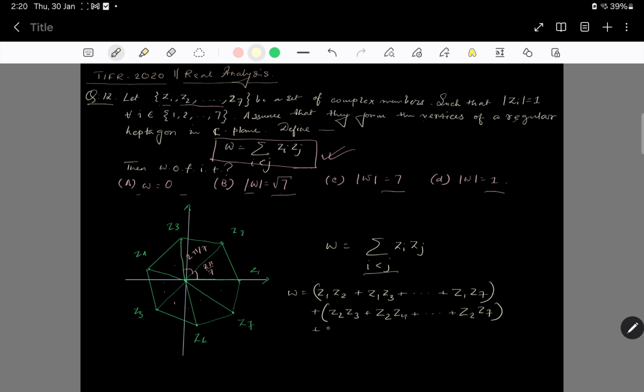For the same reason, next is z3 z4 dot dot dot up to z3 z7, and eventually we will only end up with z6 z7. We cannot take anything further, because after that z7 z1 would be there, and we cannot take that for the same reason, that i would be bigger than j.